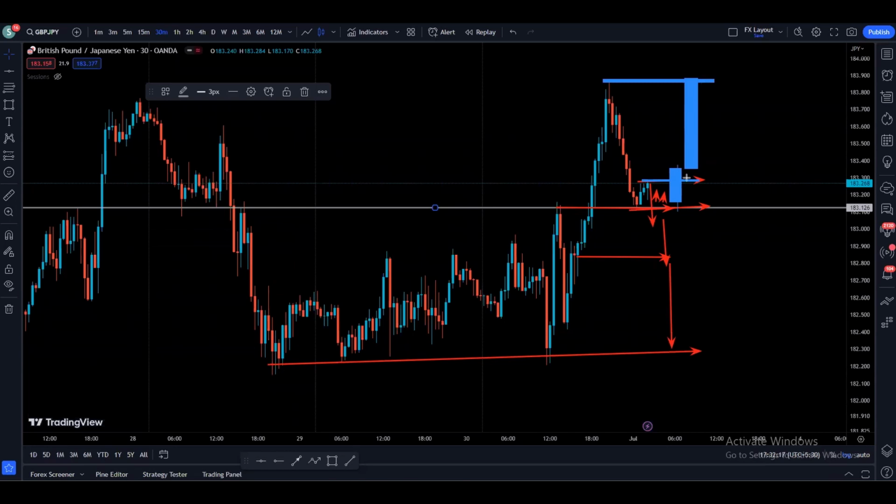And keeping that in my mind, once we break the high of the previous candle, I'll be looking to take a long in order to target this high, and hopefully make a new higher high here on the 30-minute time frame. So that is something I see on the GJ as well.